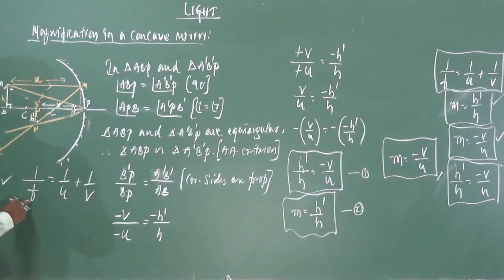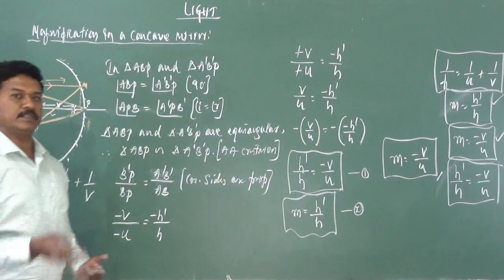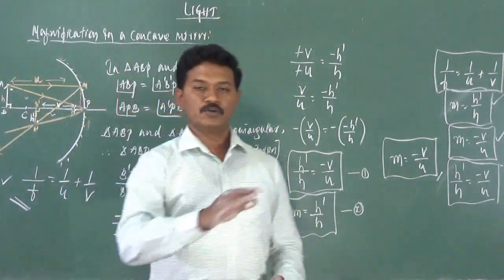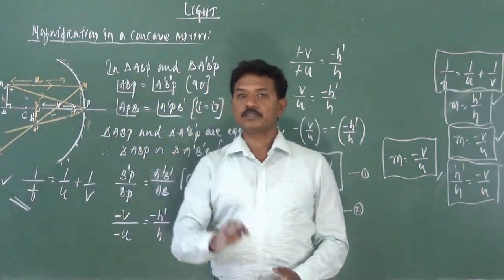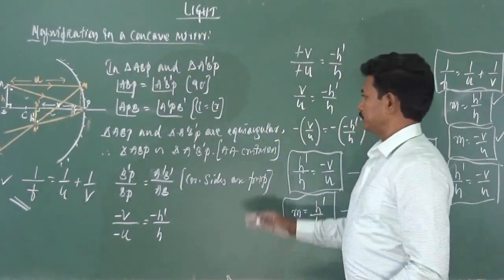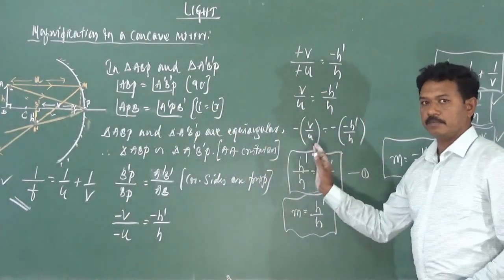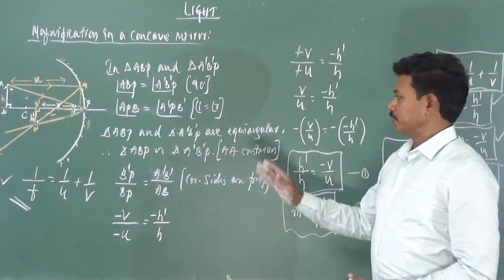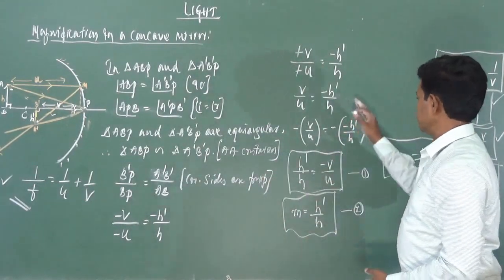For example, if you know that f becomes negative, don't put the sign at the beginning itself. When the answer comes, it will come by itself with the right sign. So don't put the sign for the unknowns while solving problems on mirrors; you have to be very careful. You have to remember these things.